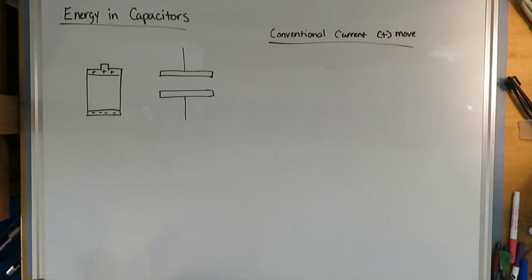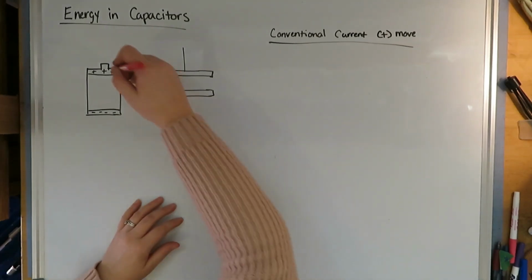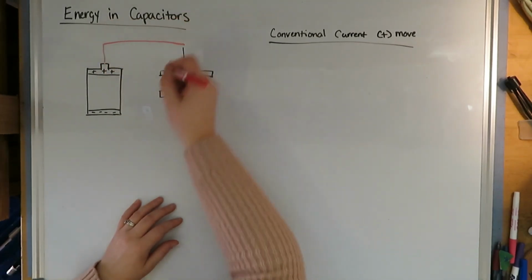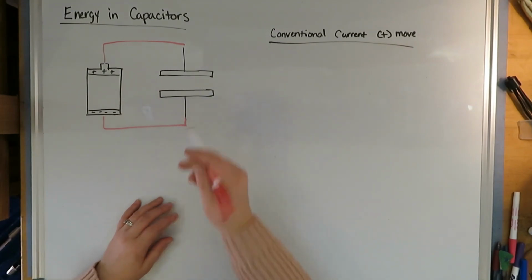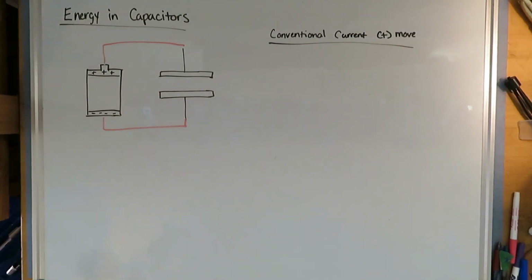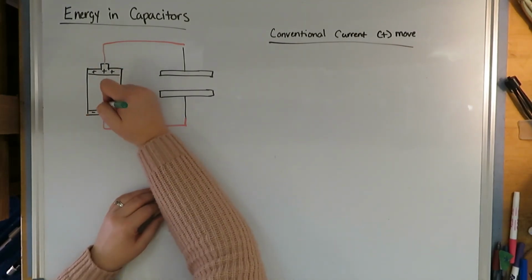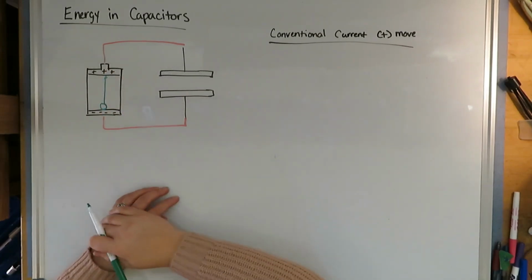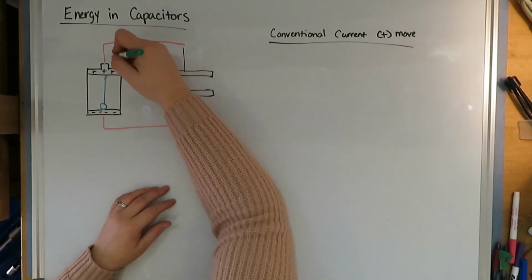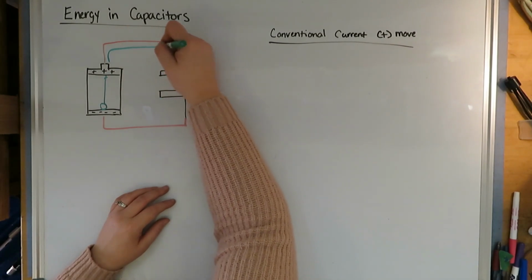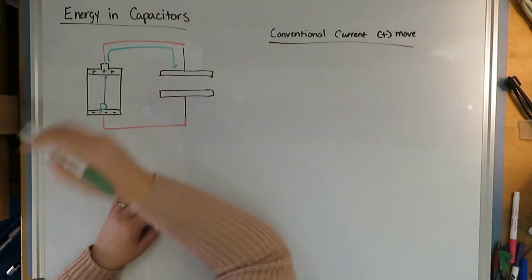So essentially what we can think of is that when I connect a wire here between my uncharged capacitor and my power supply, the battery is actually going to have to do work. It's going to have to move some charge up here to the positive side of the battery, so that that positive charge can flow over to my capacitor.